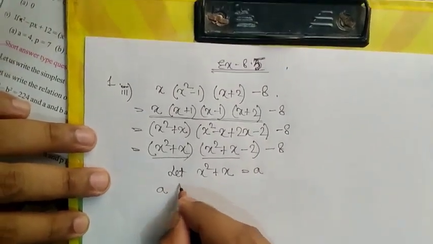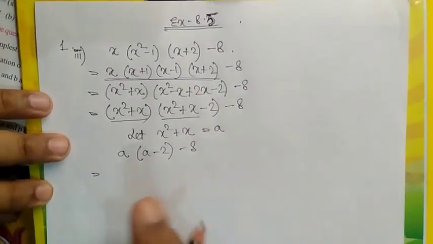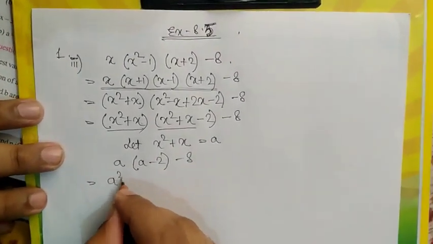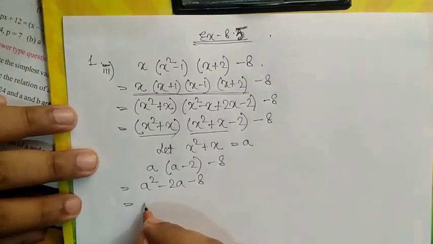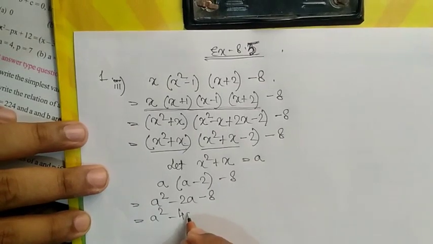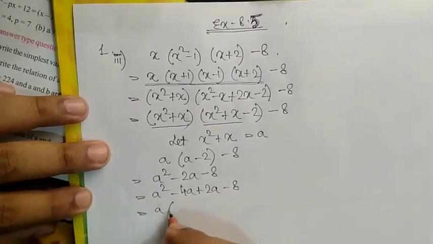So therefore a into (a minus 2) minus 8, opening those brackets, we can get a square minus 2a minus 8. Middle term factor, a square minus 4a plus 2a minus 8. Take common.